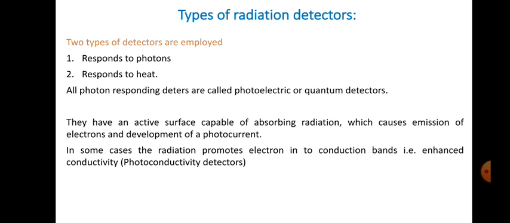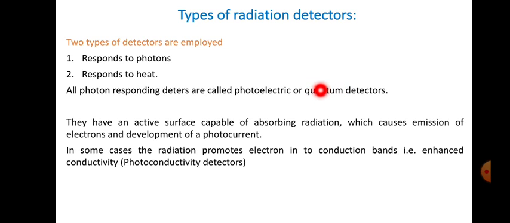There are basically two types of detectors: one which responds to photons and the other which responds to heat. All photon responding detectors we call photoelectric or quantum detectors, because energy is usually quantized.